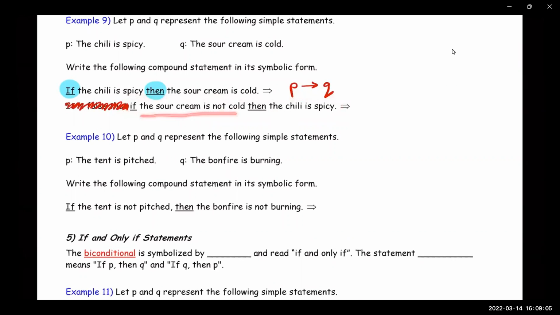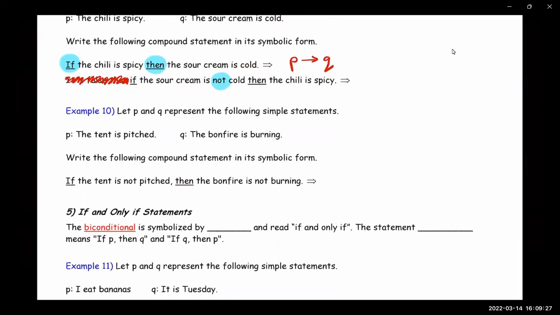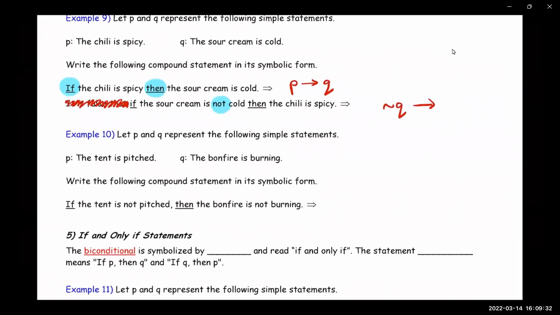Q arrow P. But it says here not Q, squiggly line Q, arrow, then P, because that's the sour cream is cold, so not cold. So not cold, then what would go after the arrow? P. Yeah, P.